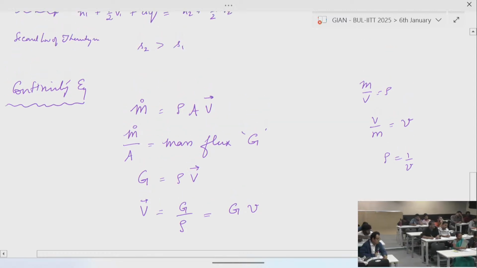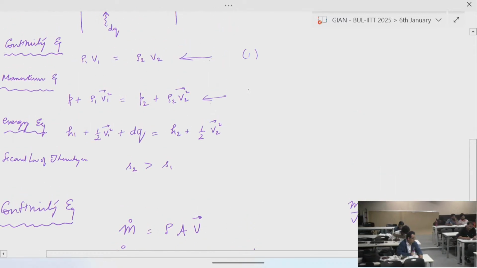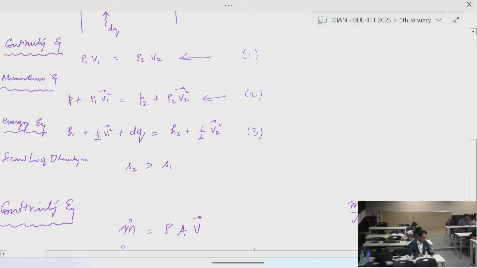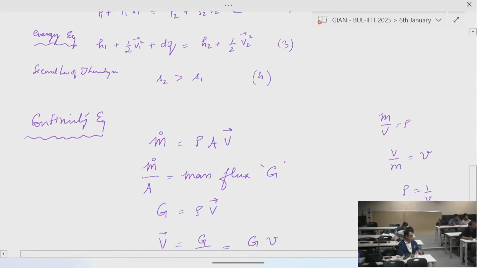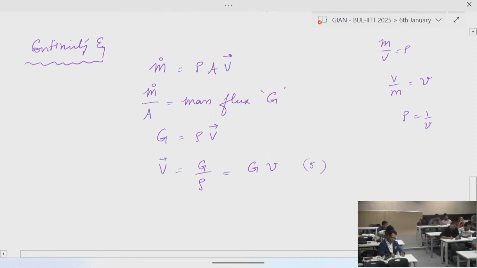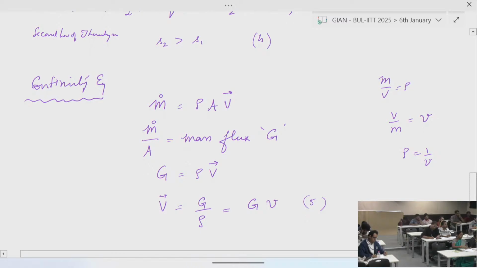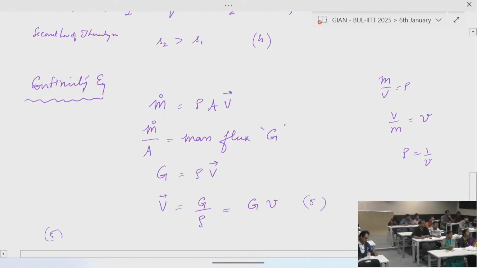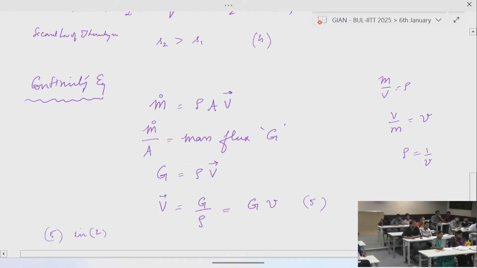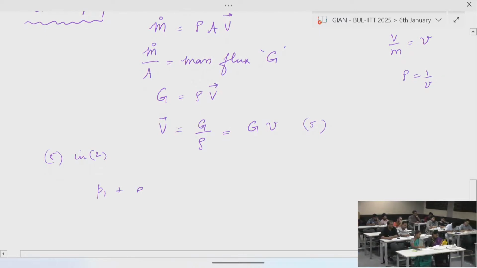Now I'm going to substitute what we have here. So this is 1, this is 2, this is 3, and then this is 4. So now I can write this is 5. Substituting 5 in 2, we'll get P1 plus rho 1.